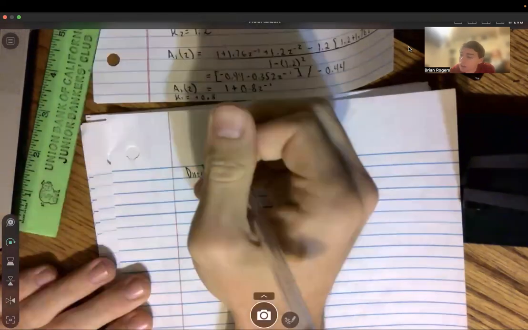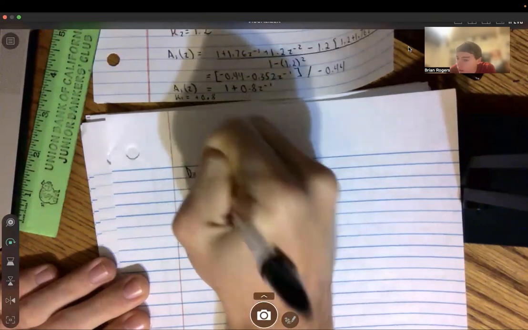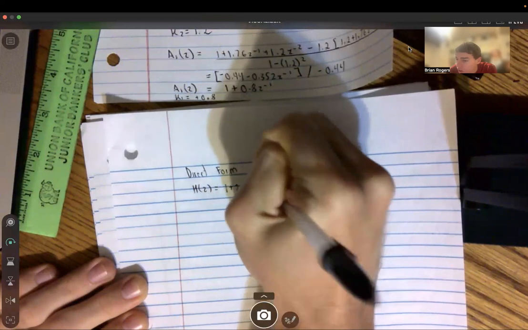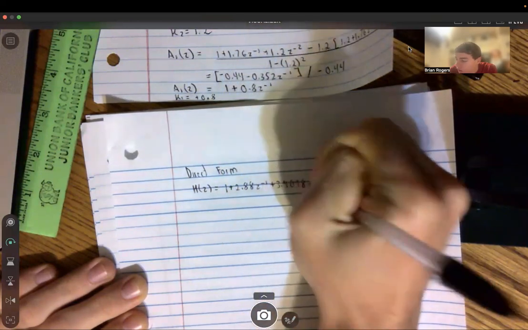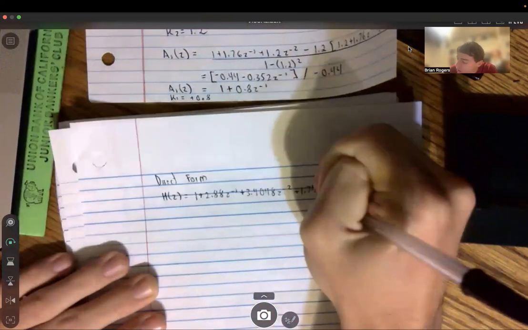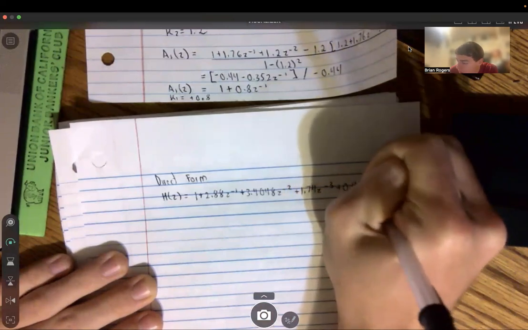So we were given our system function, which was H of z in the beginning, equal to 1 plus 2.88 z to negative 1 plus 3.4048 z to negative 2 plus 1.74 z to negative 3 plus 0.4 z to negative 4.